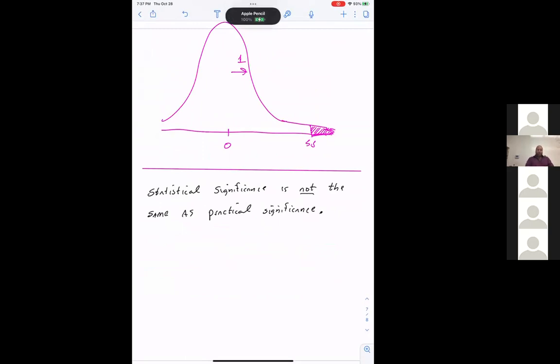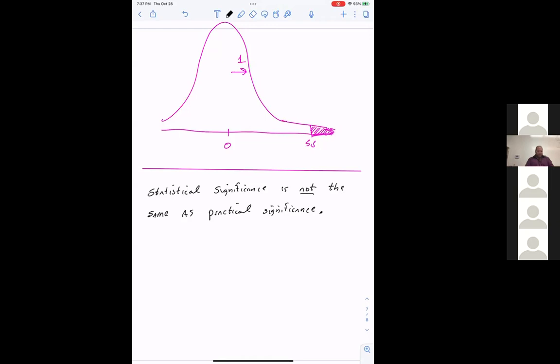For example, in the baby situation, 51.7% was a statistically significant result. It was far enough away from 50% based upon the sample size for us to reject the null hypothesis.